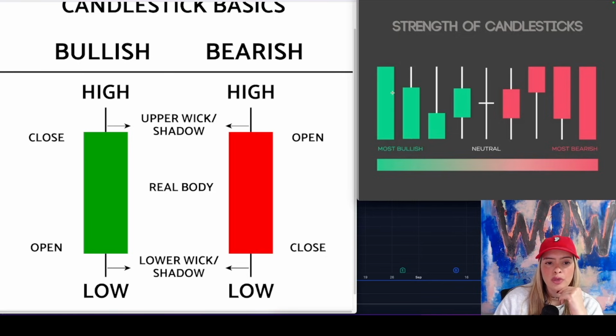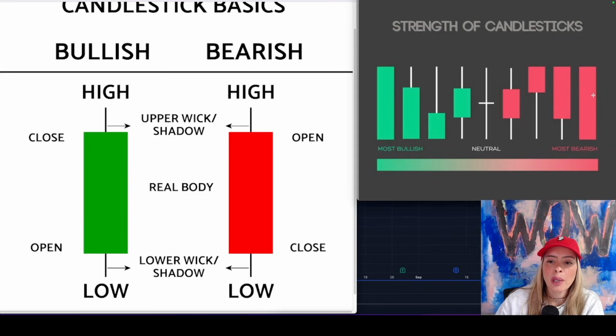We have here the most bullish candlestick to the most bearish candlestick. The thing about this chart is I want you guys to really pay attention to the shape of the candlestick, not so much the color. For me, the way that I trade, I think the most important thing about candlesticks is the shapes. So the bigger the body, the stronger the move is gonna be, the continuation of the move, right?